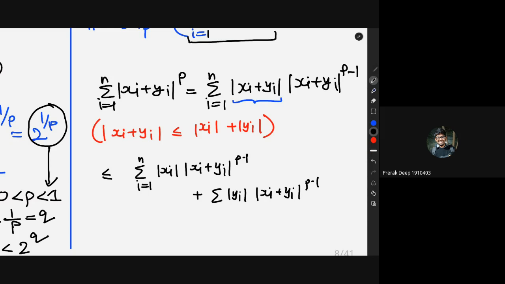Now once we get this inequality, the idea here is to use Holder's inequality. So how do we go to the Holder's inequality part?